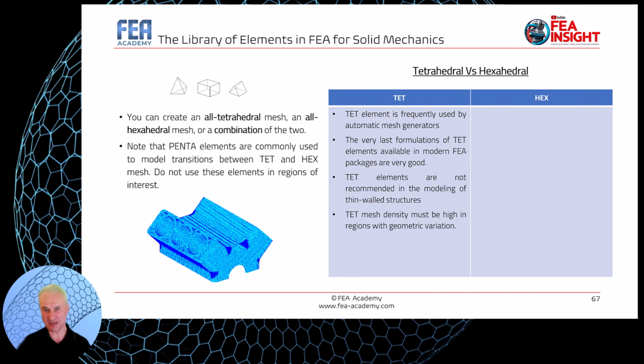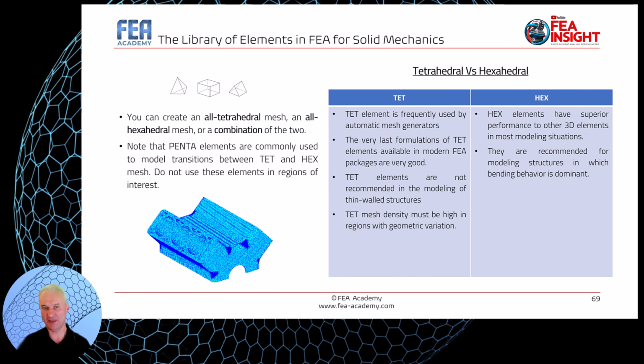The tet mesh density must be high in regions with geometric variation, in the corners, for example, in the radius. On the other hand, the hex elements have superior performance to other 3D elements in most modeling situations, and they are recommended for modeling structures in which bending behavior is dominant.